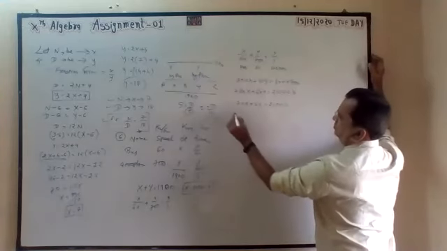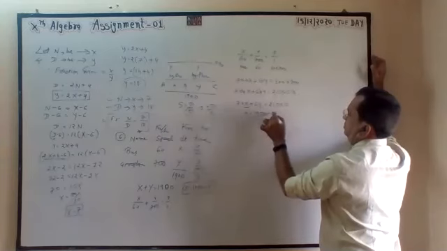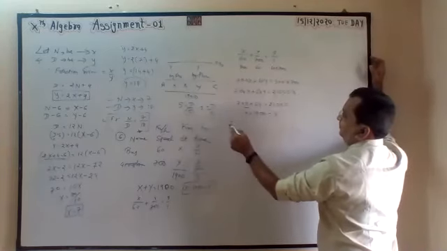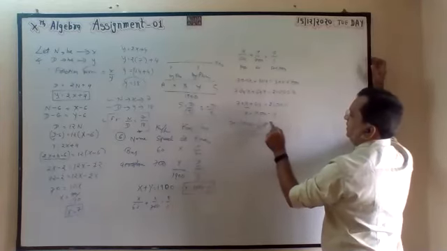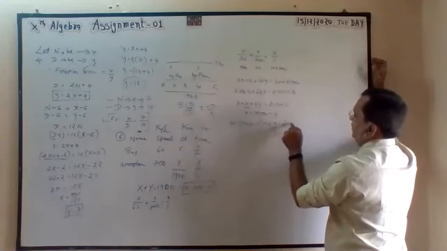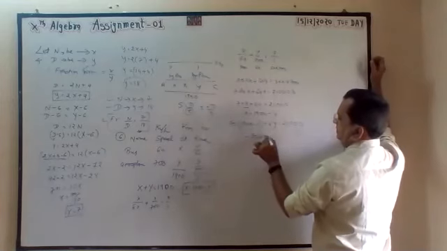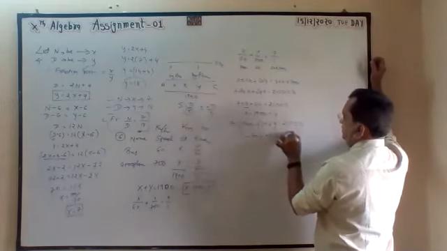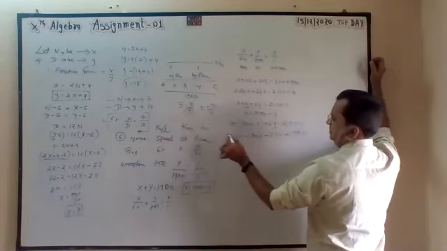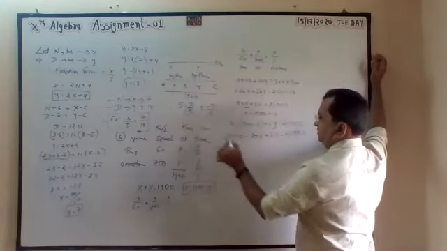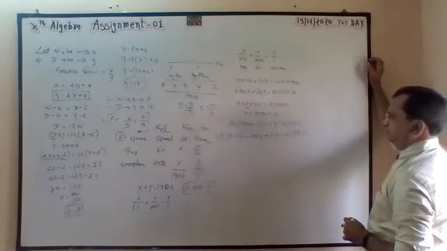Now x we know. 70 times 1900 minus y plus 6y. Correct?